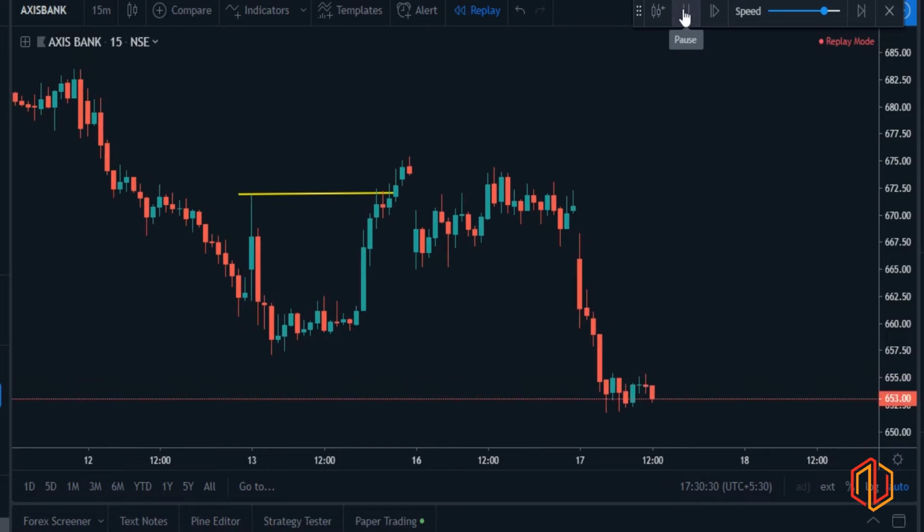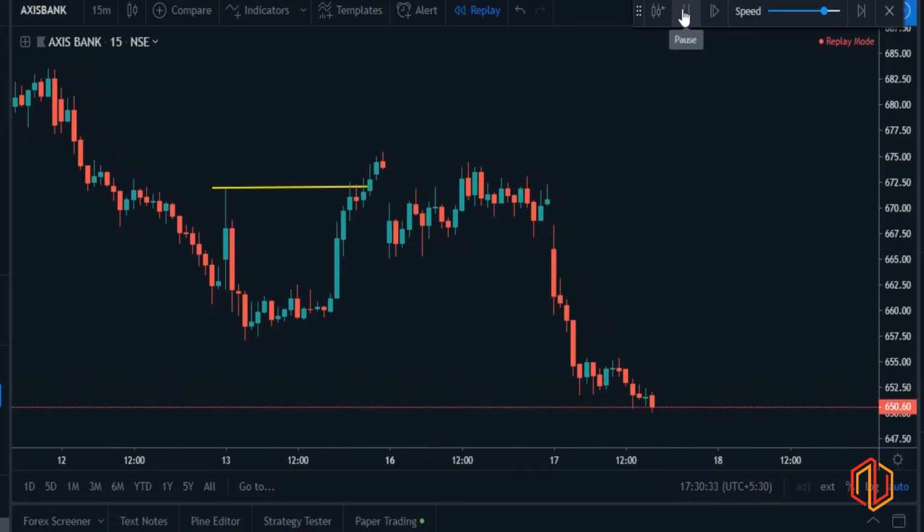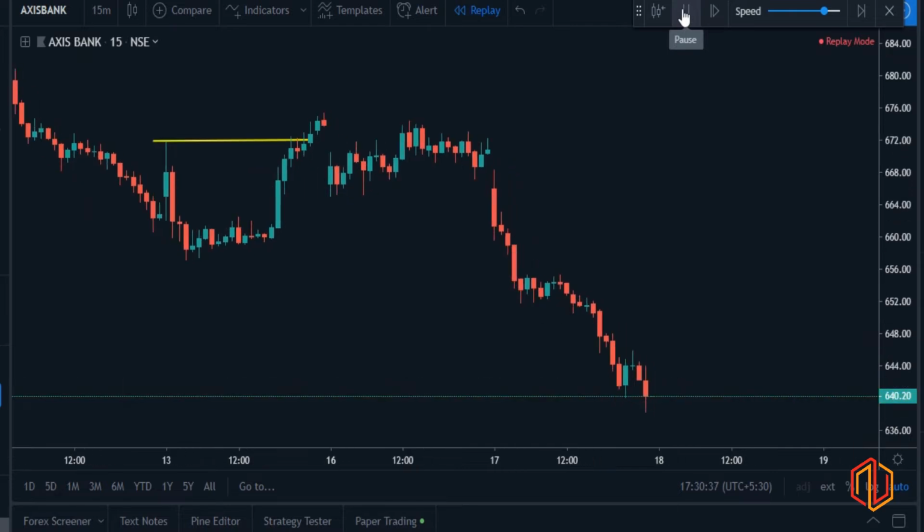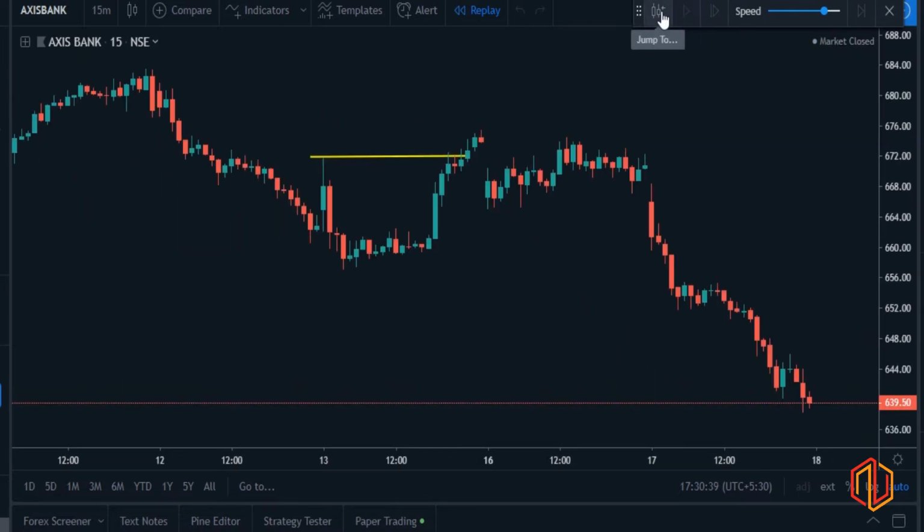So that really was not a very good time to actually go long on the market, right? So that's what I mean by saying that the type of candlestick which forms at the time of the breakout is very important, so that you can understand how much importance to be put on the reliability of the setup.